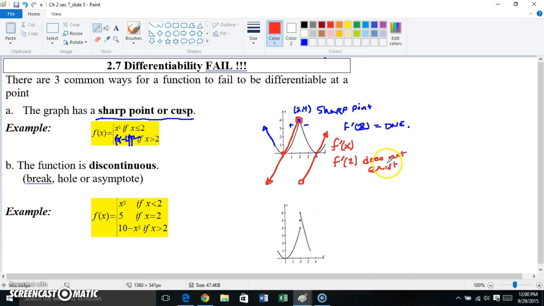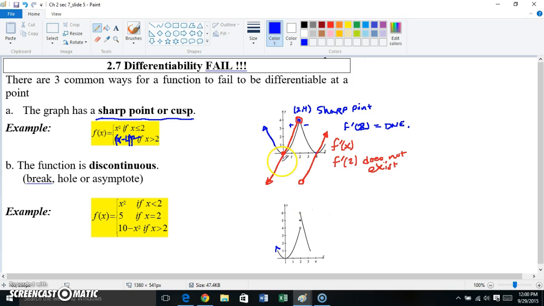All right, let's take a look at the second graph here, and then we'll have to go to a new video, I think. We have y equals x squared again for x less than 2; 2 is not included in that domain. Then we have the point (2, 5). Then we have 10 minus x squared.